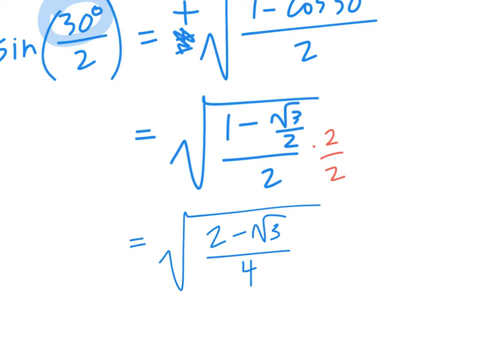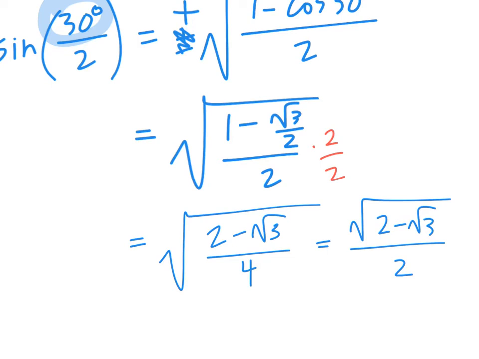Remember when you have a square root over a whole fraction, it means square root the top, square root the bottom. The top, there's nothing I can do to simplify that. What about the denominator? It becomes 2. Can you guys see that? Square root 4 is 2. So square root of 2 minus square root 3 over 2. So this is the answer.